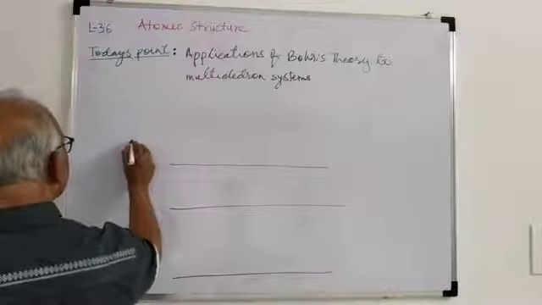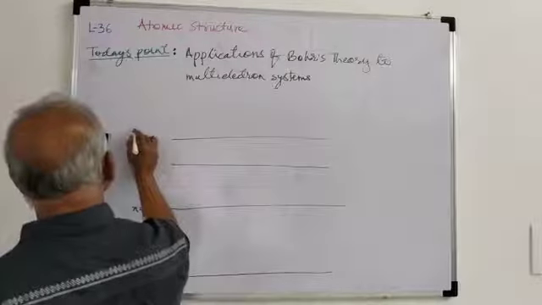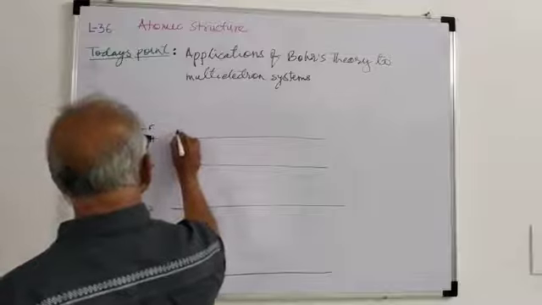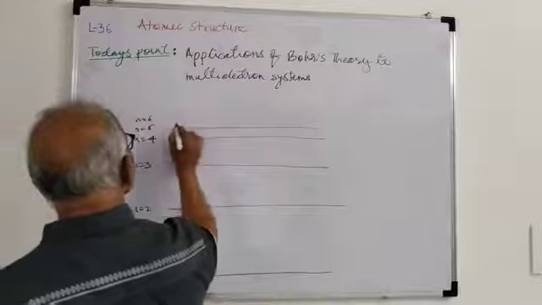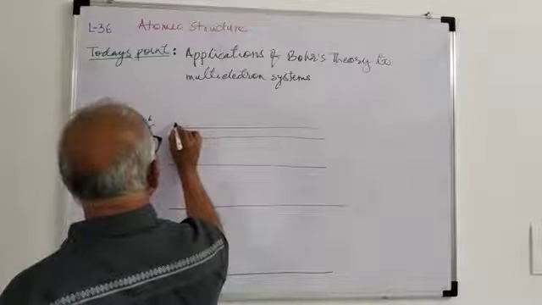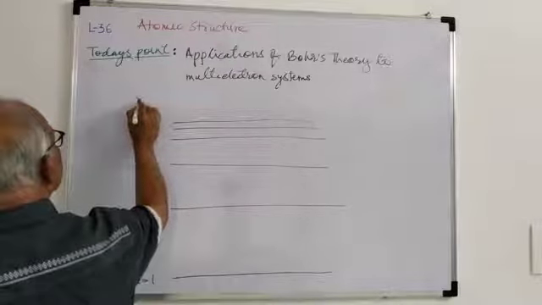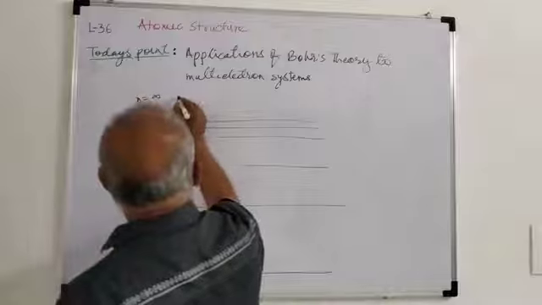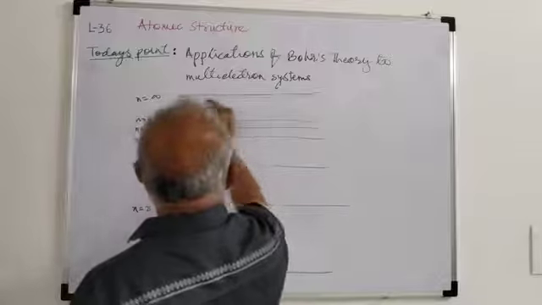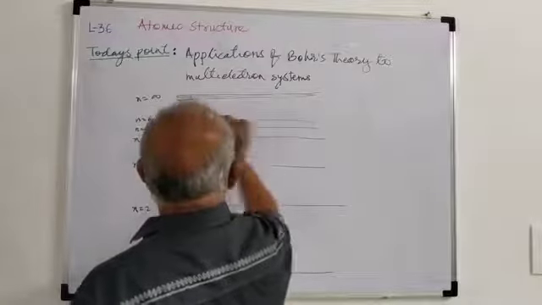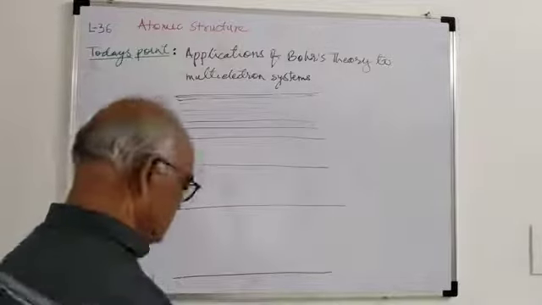Then n equal to 3, n equal to 4, and n equal to 5, the energy levels are like this. In this way we can have n equal to 6, where the energy level is much closer. Finally, n equal to infinity, the energy levels are like this. We can have these various energy levels, but the final energy level is n equal to infinity.